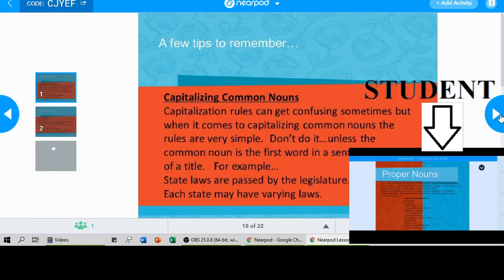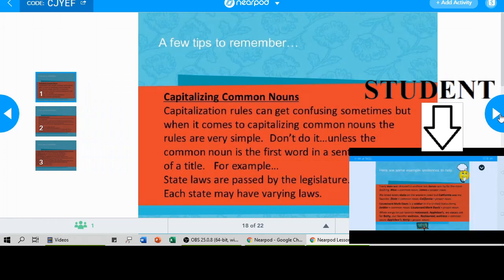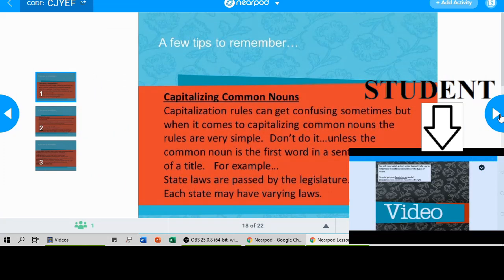Okay, all devices. Then click next. You'll be directed to a new slide here. Next.